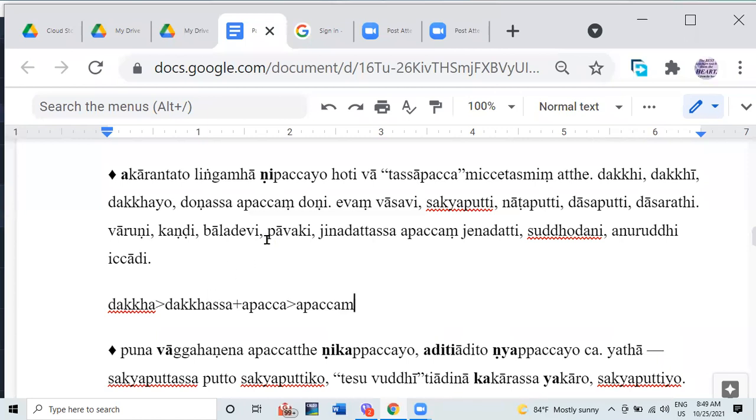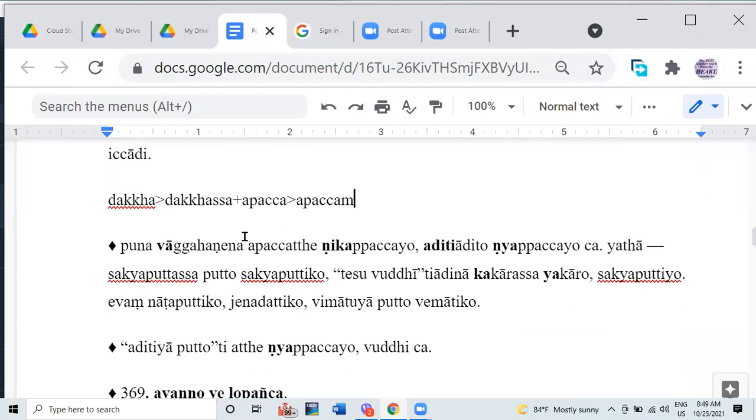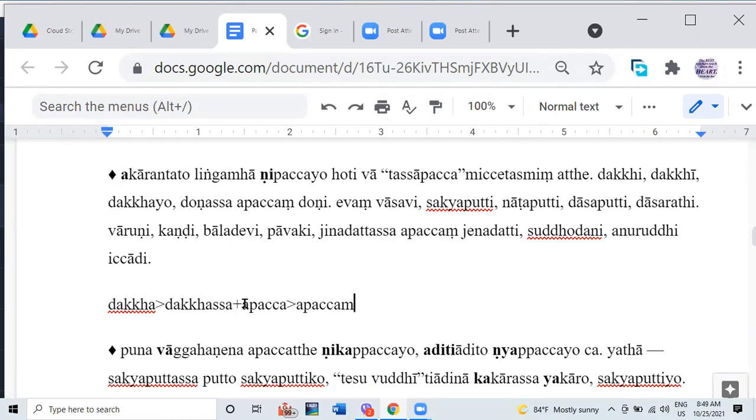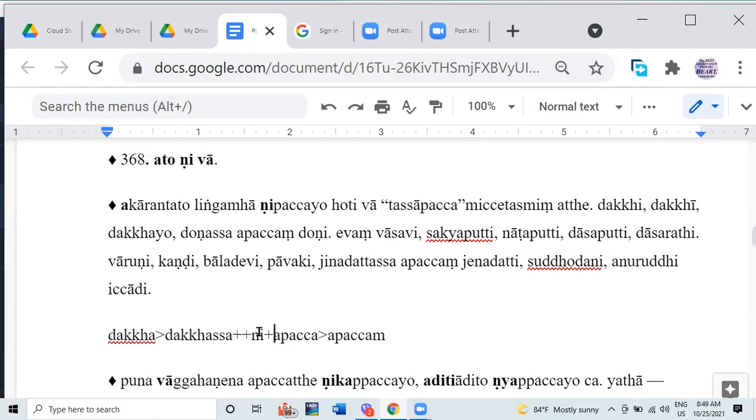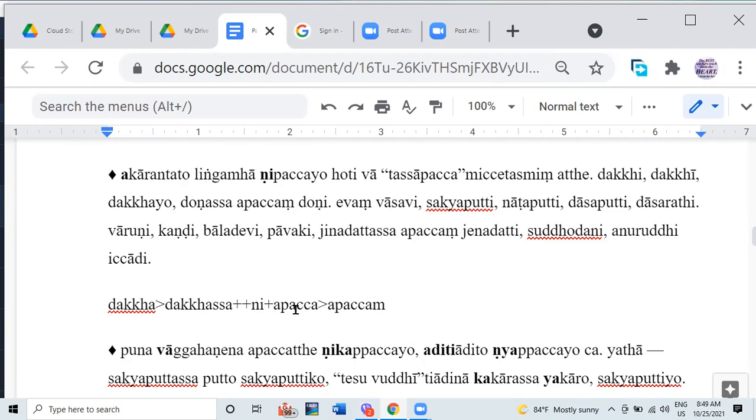After forming these two words, we add the ni suffix according to this sutta, and this sutta.